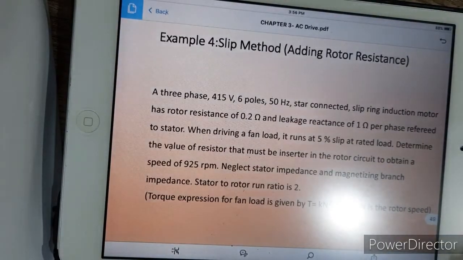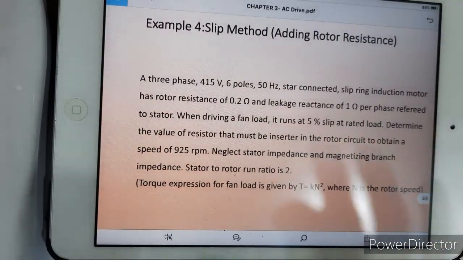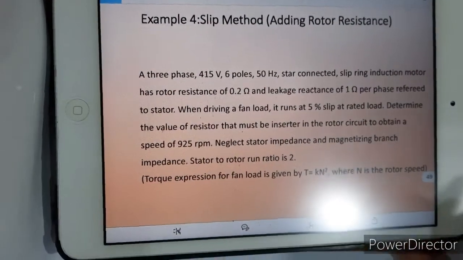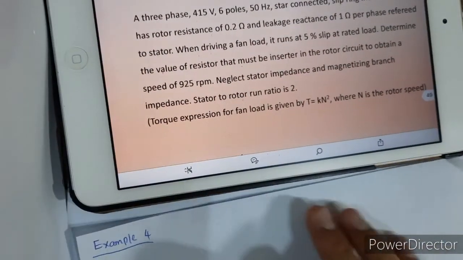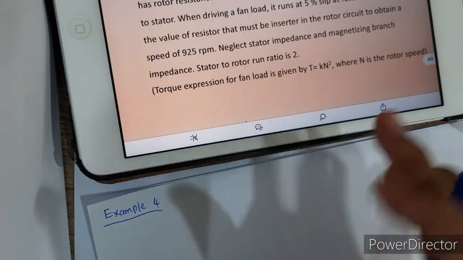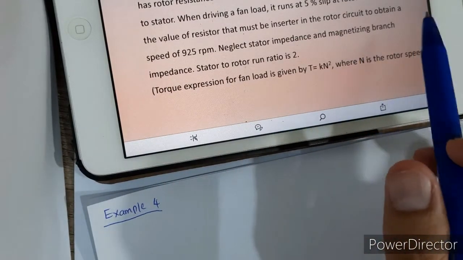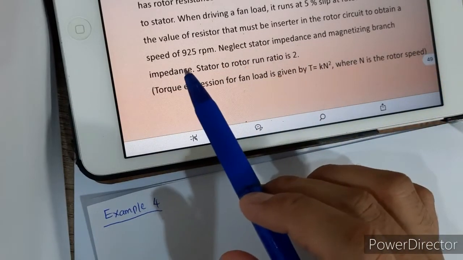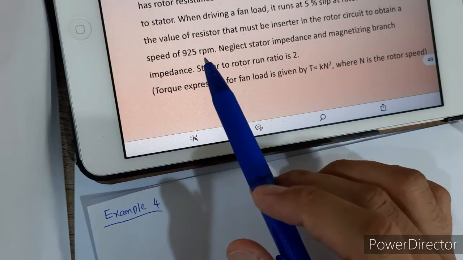Okay, so we continue with example 4. Actually you can read the question first. I will give the steps to solve this example. What we want to determine is the additional resistance in order to obtain a speed of 900 to 925 rpm.